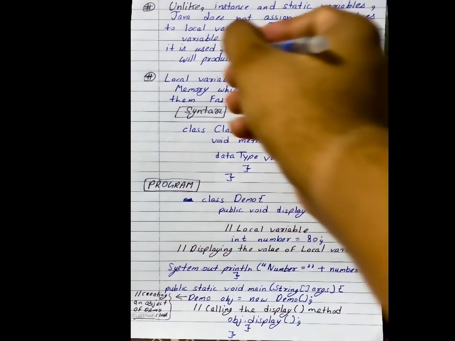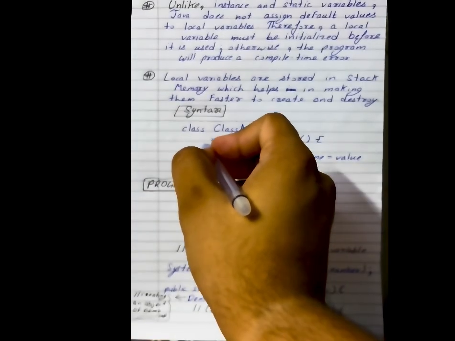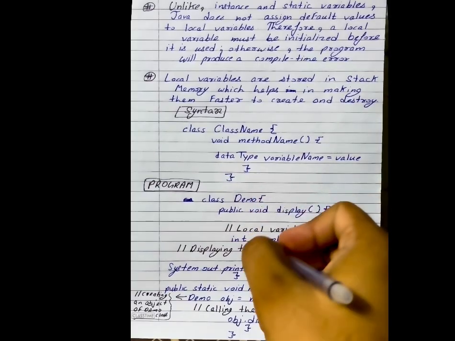Now let's discuss its syntax. As you know, in this syntax, class is a keyword which is used to declare a class. ClassName is the name of the class. And again, here you can see this is new for you: void methodName. It represents the method in which the local variable is declared.